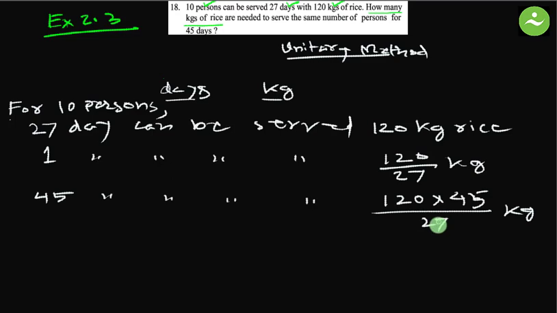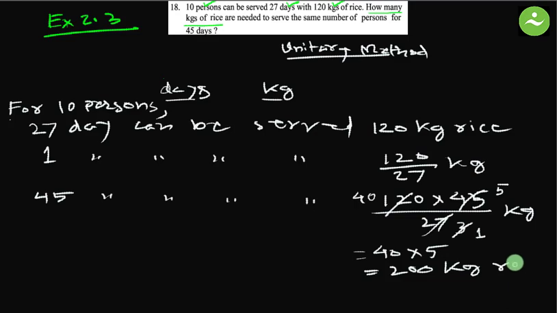Now simplify, divide by 9, this is 3, divide by 9, this is 5. So again divide 120 and 3, so divide by 3, this is 40. Divide by 3, this is 1. So 40 multiply 5 equals 200 kg of rice. And that is the answer.